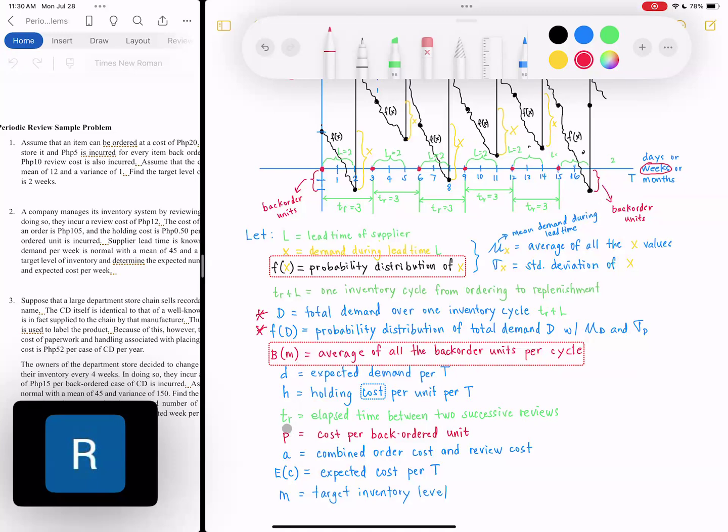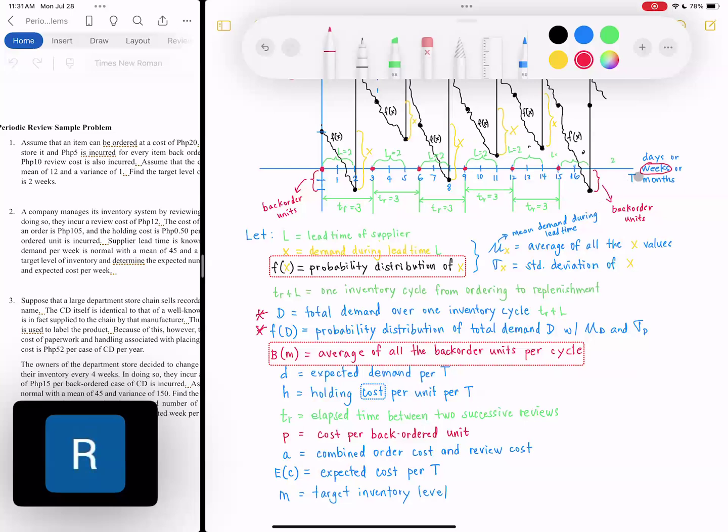Here, listen, if your TR is expressed in days, let's say you review inventory every 5 days, then your capital T is in days, meaning your holding cost should be expressed in terms of per unit per day, because that was how the derivation of the expected cost was done.